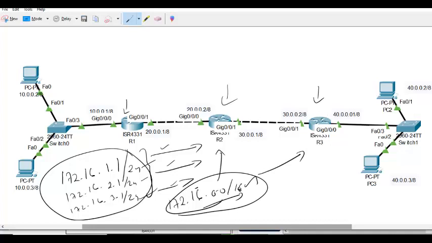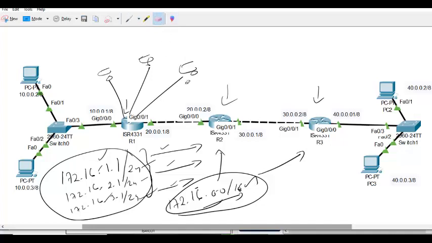Now, in the real world, to test this, you cannot take one interface and put one computer there, another interface, put another computer here, and so on for these networks. It's not possible in the real world.